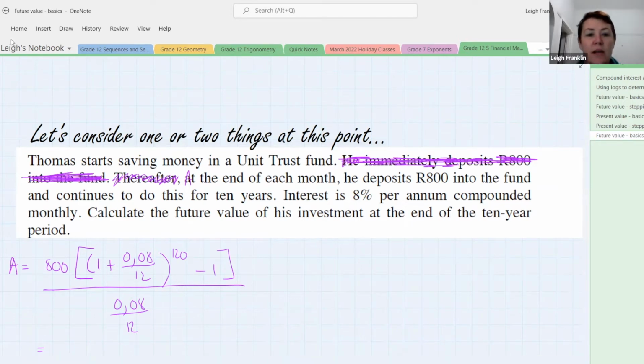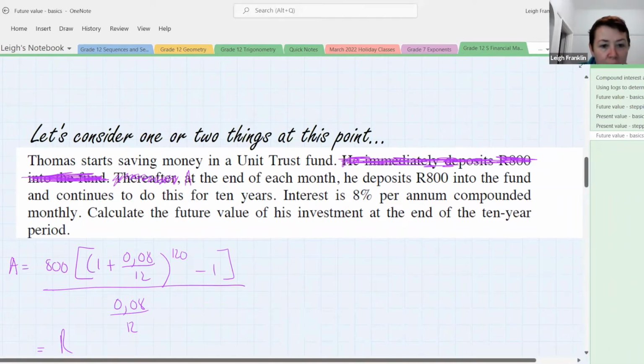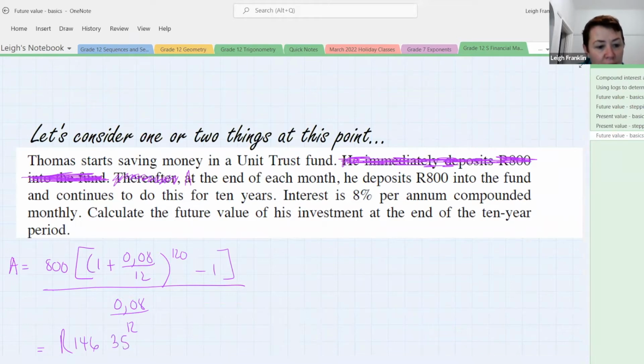Okay, what are you guys getting as an answer? Let's see what you've got in the chat. That's it. Okay, quite right. So you should all be getting 146,356 Rand and 83 cents. Good job. Well done, everybody. That's lovely. Okay, so that's future value that we're calculating. Correct, Kulani. Okay, it is.